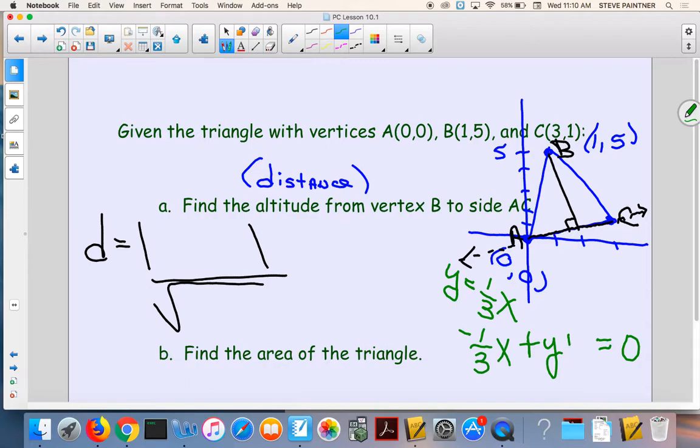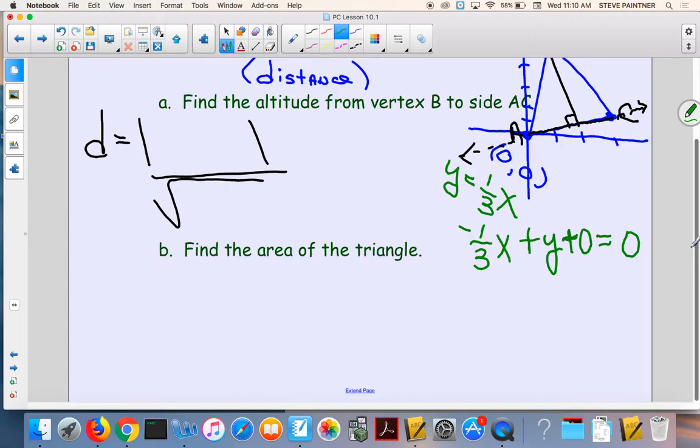Plus 0 right here. Now, I don't know if you guys are hearing Peyton, but Peyton said, and she's saying this because she doesn't like the fraction, right? So she says, why don't I get rid of the fraction by multiplying this equation by what? Yeah, you could multiply the whole thing by -3 or +3. What'd you pick, Peyton?